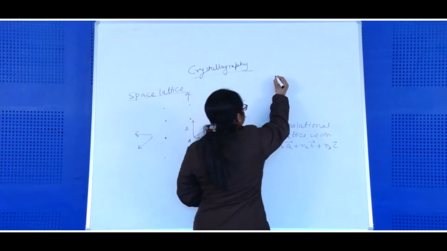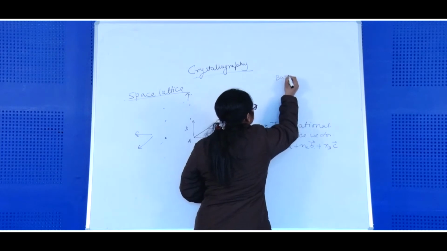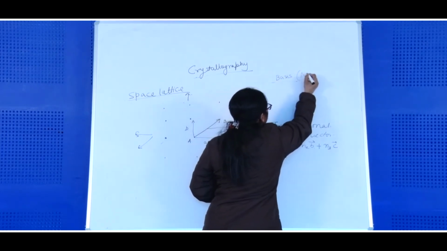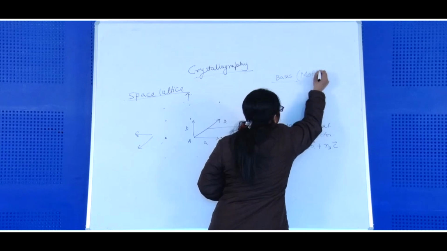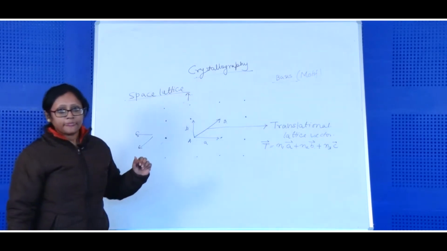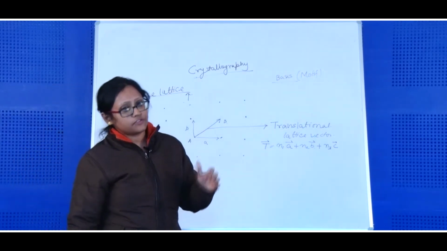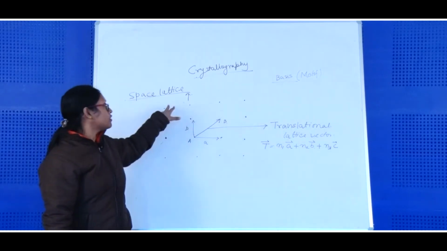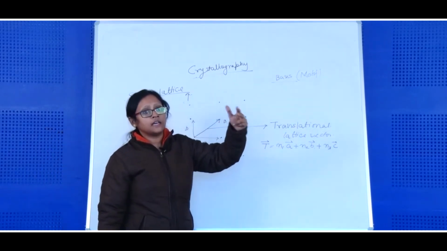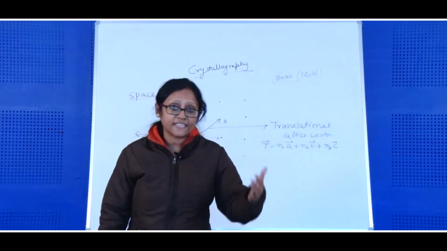Next is the basis, which is also called the motif. Now, what is a basis? In an actual crystal structure, it does not consist of only points. There may be ions, molecules, or atoms.